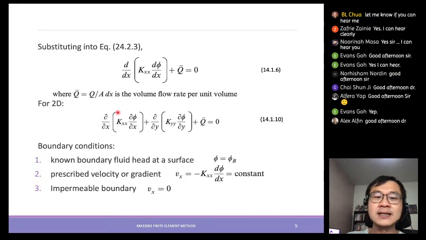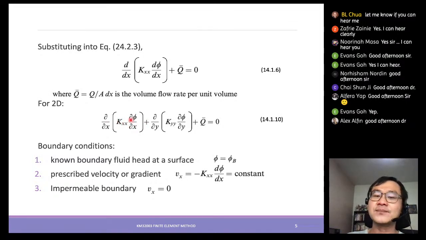So when the k itself, the permeability, is a constant with respect to x, then you can bring this out, and it becomes a constant outside. So this would be k times delta square psi over delta x square, right? So this is a double differentiation.